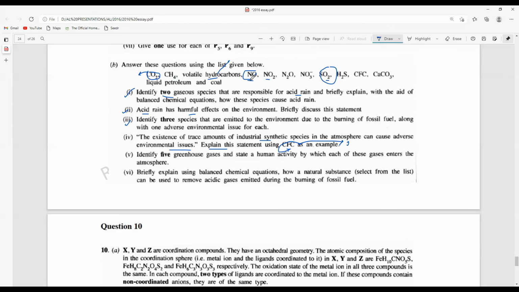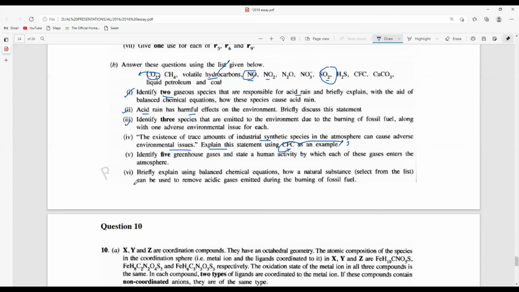Then you can write CFCs, from air conditioners, and SO2 from burning fossil fuel, and N2O from the agricultural industry, and volatile carbons from transportation, and even H2S from anaerobic digestion. So you can select five and write them down.